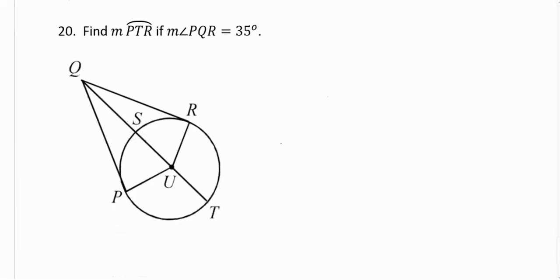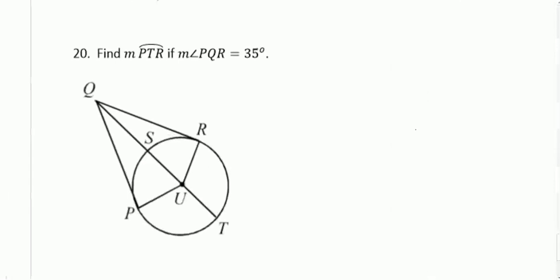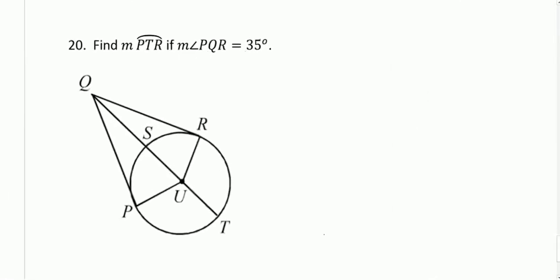Number 20, the last one I think, yeah. We're to find the measure of the arc PTR. And we know that the measure of angle PQR is 35. Okay, so that whole angle there is 35 degrees.